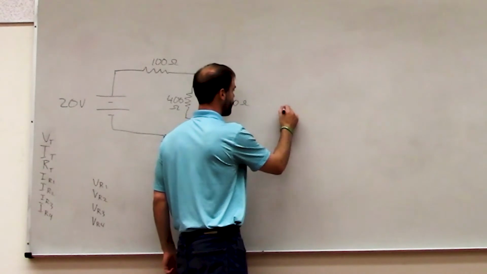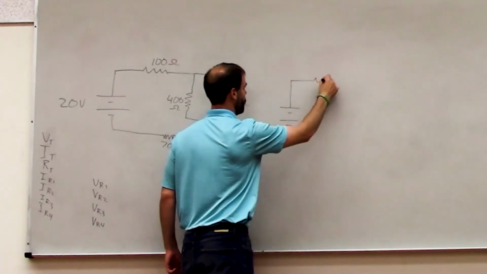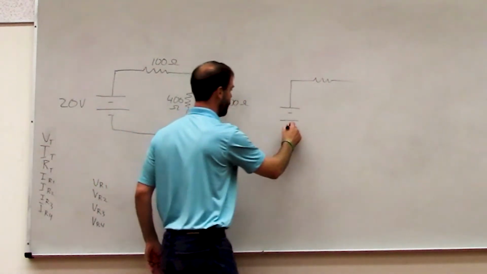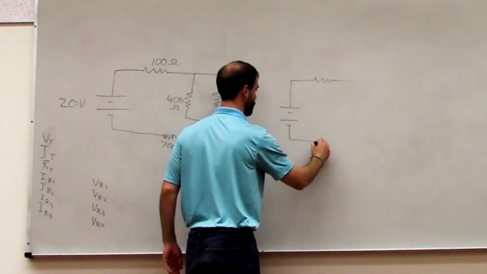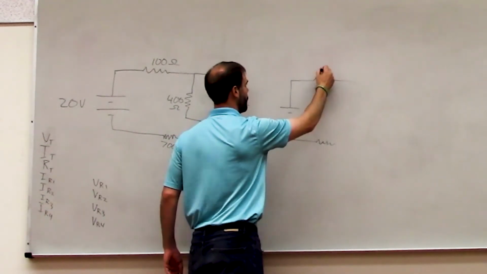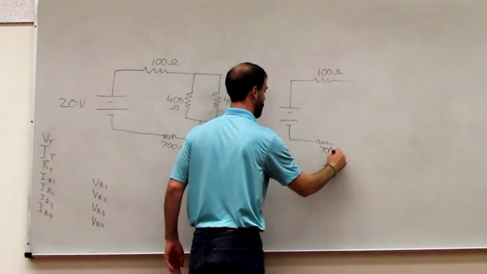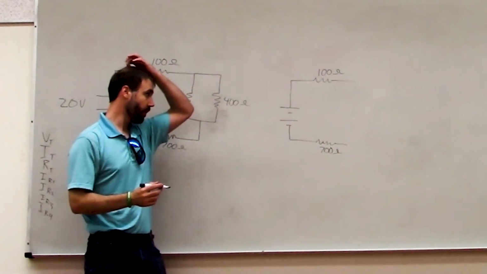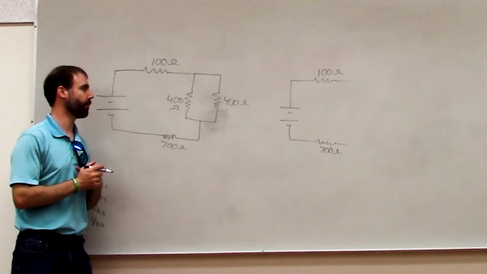So what we can do is we can redraw this circuit, and we'll leave the top and bottom resistors in place. So this is still going to be 100 ohms, and this is going to be 700 ohms. And then we can redraw these two resistors as one simpler resistor.